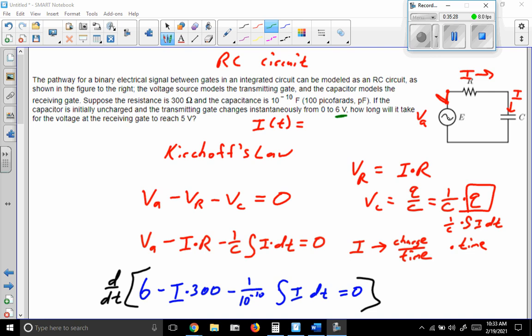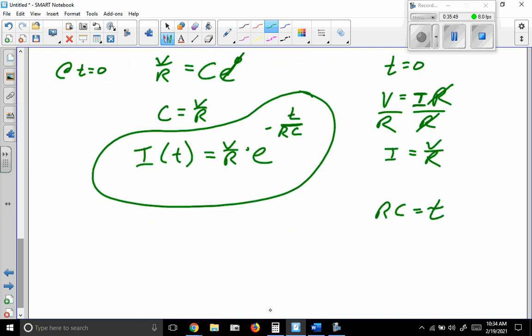So our battery, our voltage source, is our transmitting gate, and the capacitor is our receiving gate. So it wants to know when the voltage on the capacitor, the receiving gate, will be 5 volts. So find when the voltage on the capacitor is 5 volts.